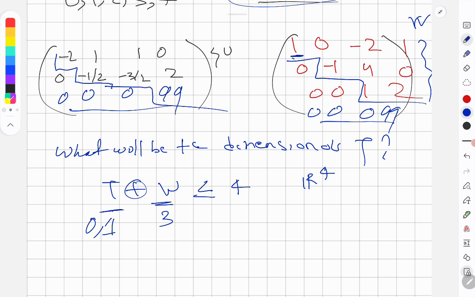This one is also linearly independent. So my T is 0 0 0 99. The dimension of T is 1.